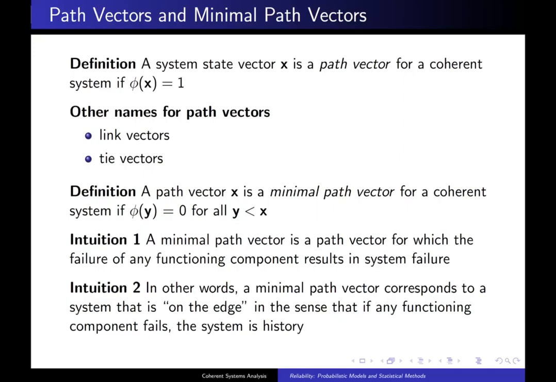So here is the definition of something known as a path vector. A system state vector x is a path vector for a coherent system if phi of x is equal to 1.